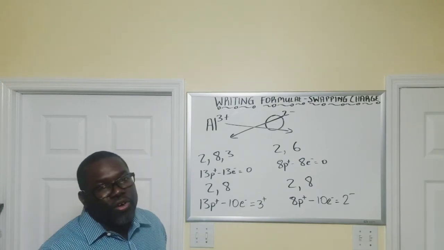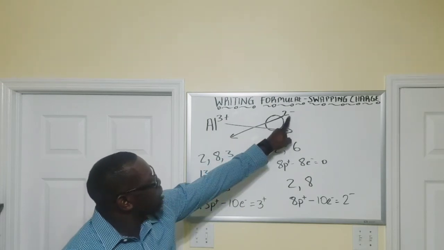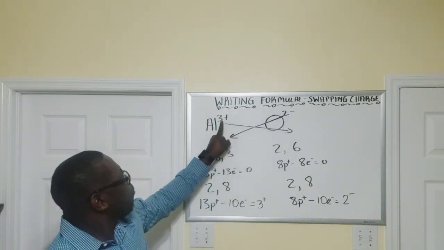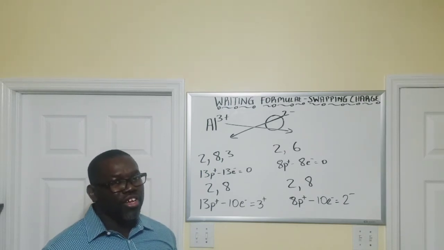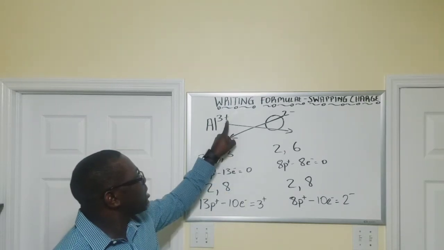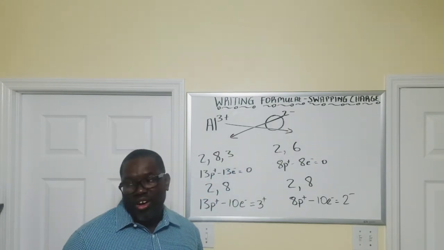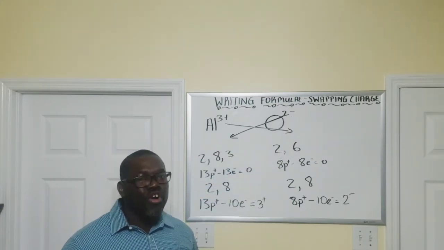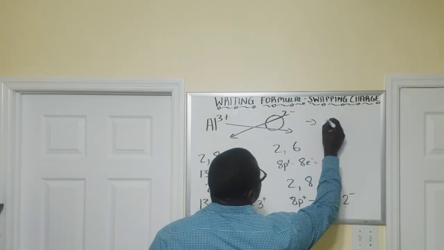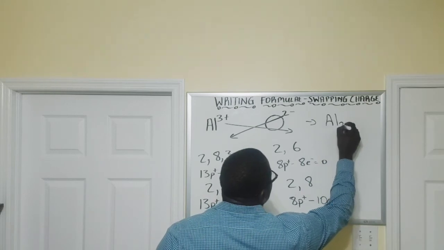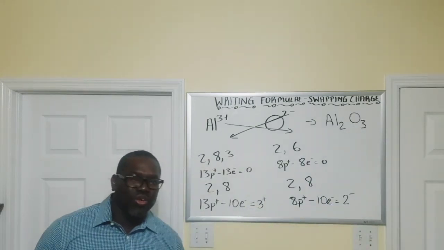Let's just write the formula of this species. So all we're doing is swapping these charges. We're swapping the 2 minus with the 3 plus. Now note here, when I'm swapping, I am not carrying over the charges themselves. I'm not carrying over the positive, and I'm not carrying over the negative. All I'm doing is carrying over the numbers. So what I get from that is this: Al2O3.